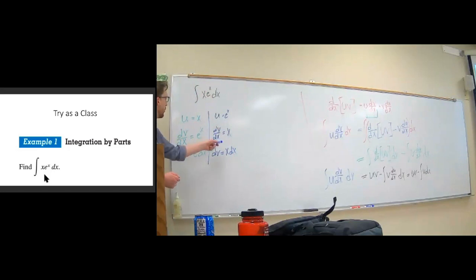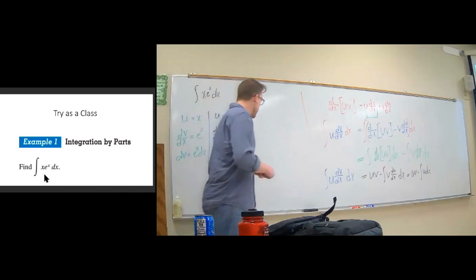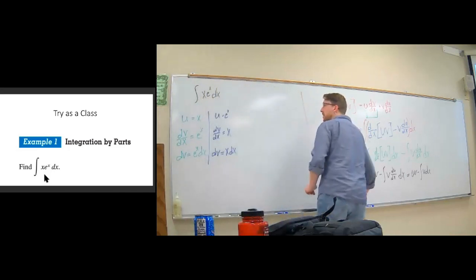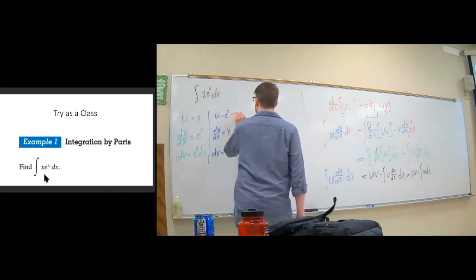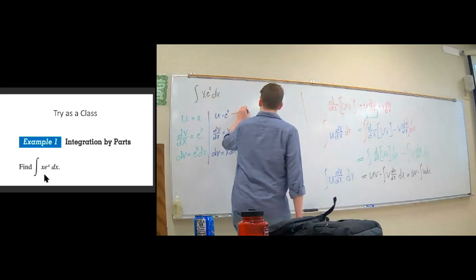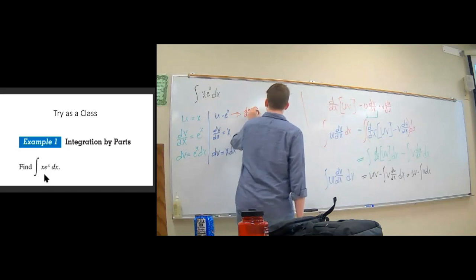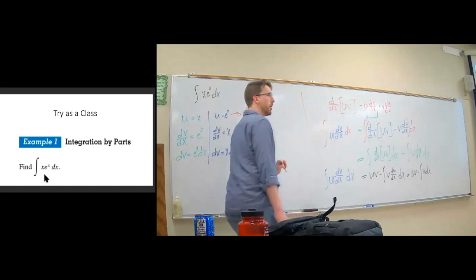So of these, which do you think you might want to use here? The right one. Well, all right, let's consider that. If this is the case, then du dx is equal to e to the x, right?